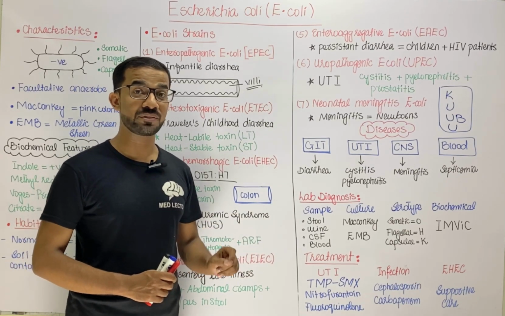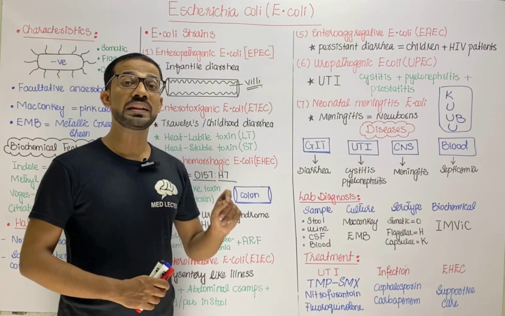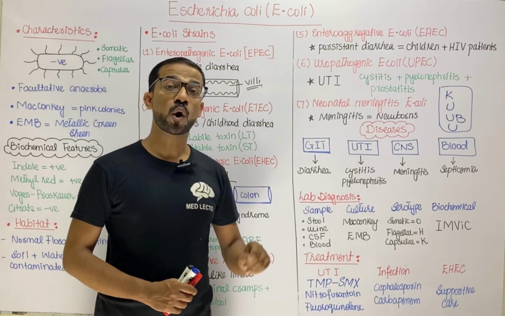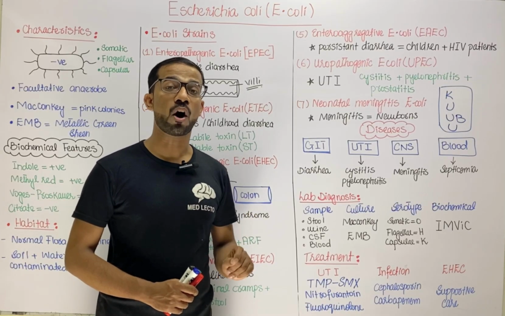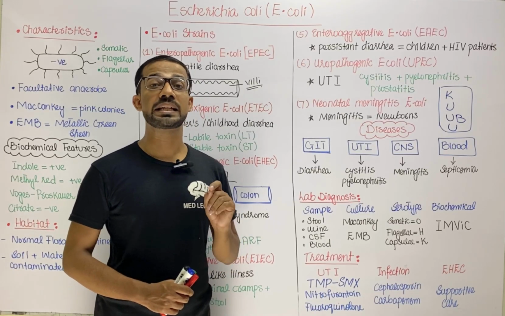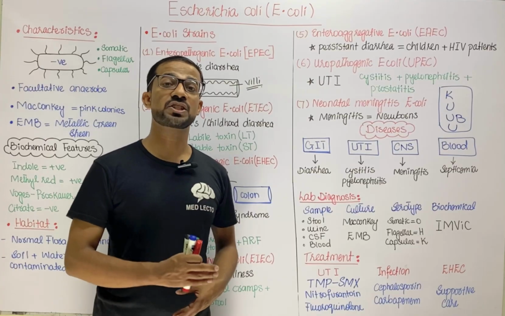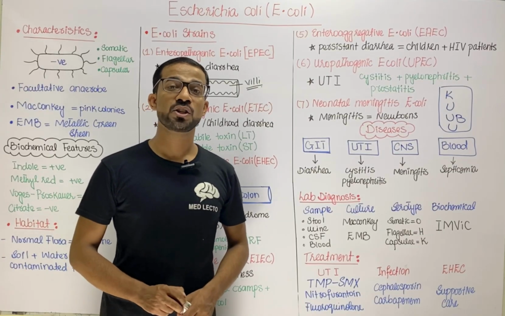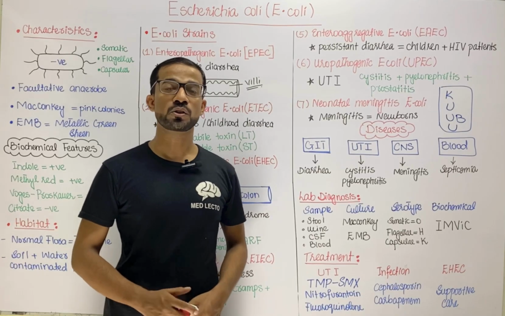If the patient is affected by this strain of E. coli, then you will never use fluoroquinolones, because if you use them, the probability of developing hemolytic uremic syndrome will increase. So don't use fluoroquinolones in such a strain, otherwise you will have to face hemolytic uremic syndrome. So this is all about Escherichia coli.